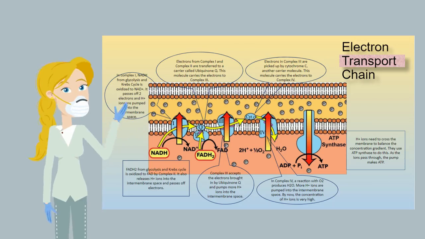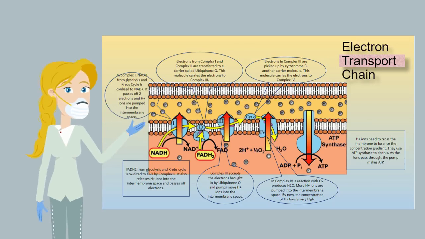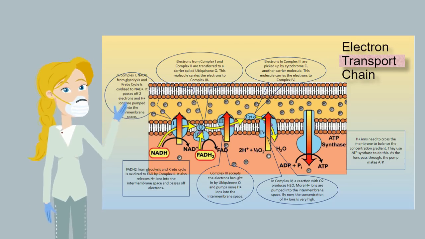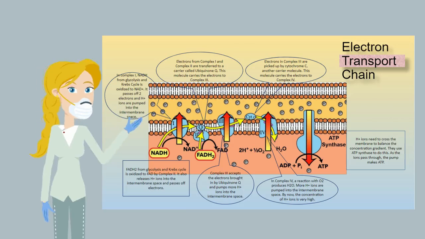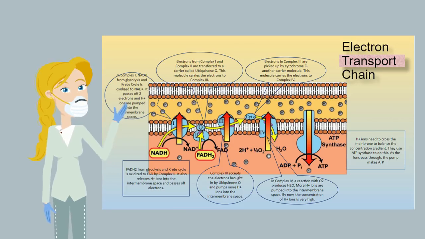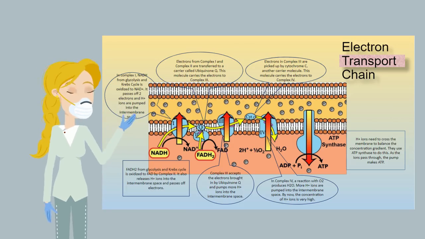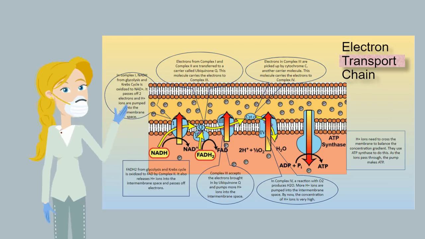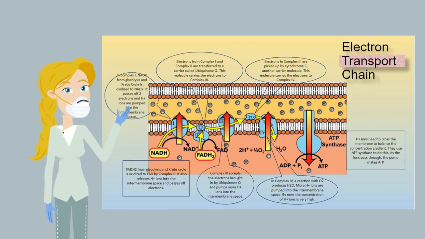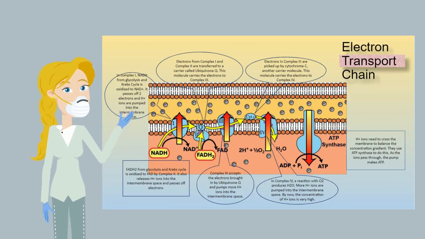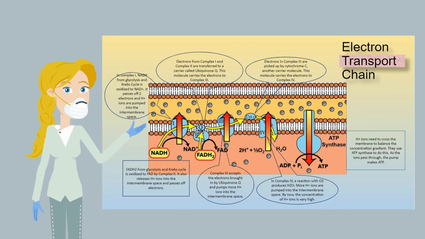No hydrogen ions are transported to the intermembrane space in this process. The passage of electrons to complex 3 drives the transport of 4 more hydrogen ions across the inner membrane. Ubiquinol is oxidized and electrons are passed to another electron carrier protein, cytochrome C. Cytochrome C passes electrons to the final protein complex in the chain, complex 4. 2 hydrogen ions are pumped across the inner membrane. The electrons are then passed from complex 4 to an oxygen molecule, causing the molecule to split.